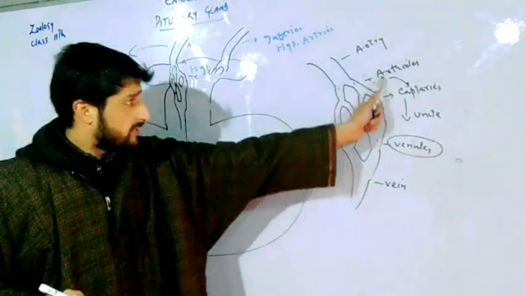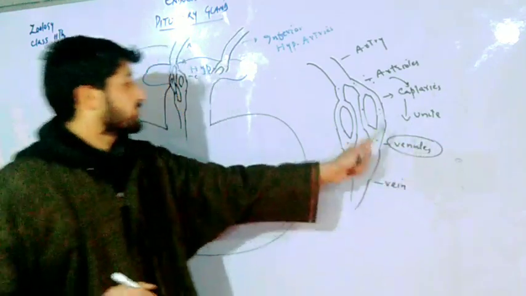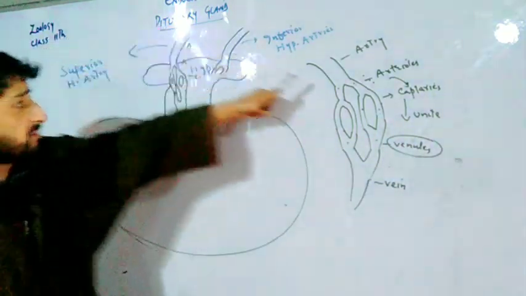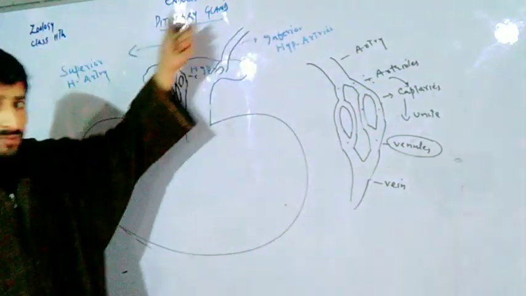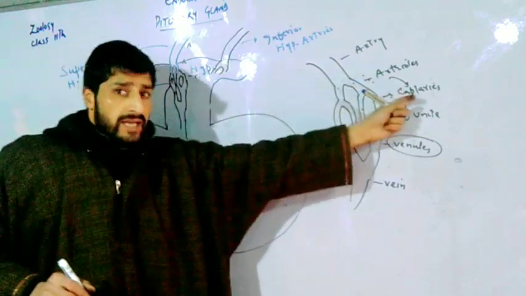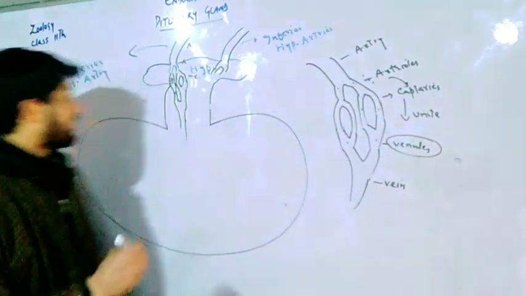Here, an artery divides into arterioles, which divide into capillaries, which unite to form venules, which unite to form a vein. Same is the case here with the hypothalamic artery.